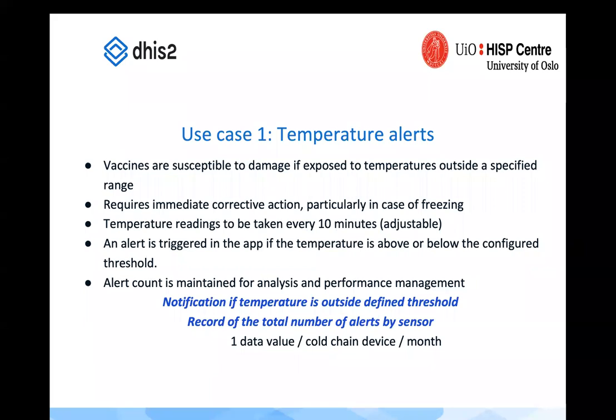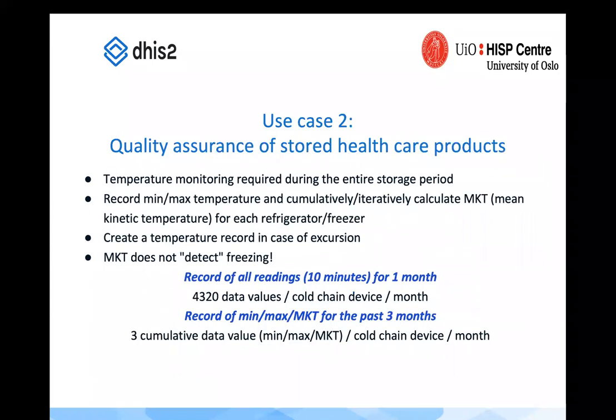So rather than collecting the temperature twice a day, you'll have a data logger recording the temperature every 10 minutes, every 5 minutes, even every minute, and basically instantly alerting the storekeeper in case of temperature excursion. And you can then also record the number of alerts per day and save them on the server. Next slide, please.